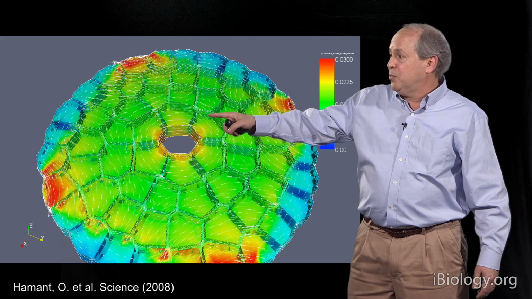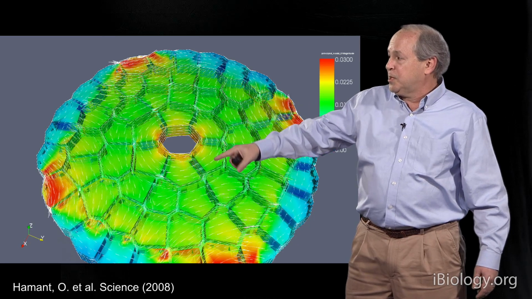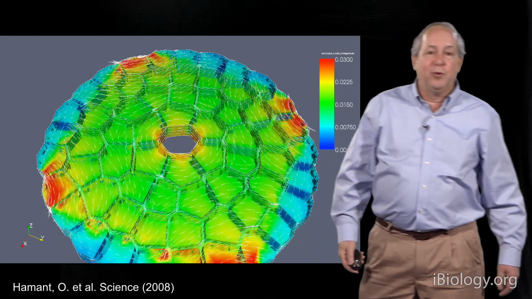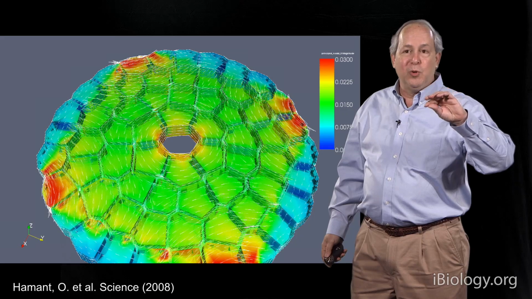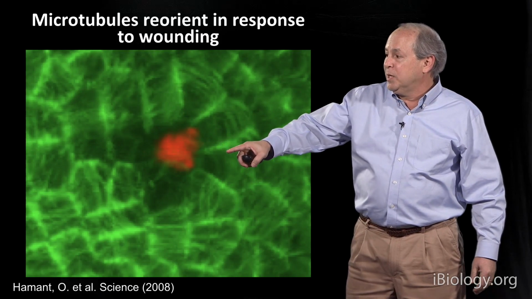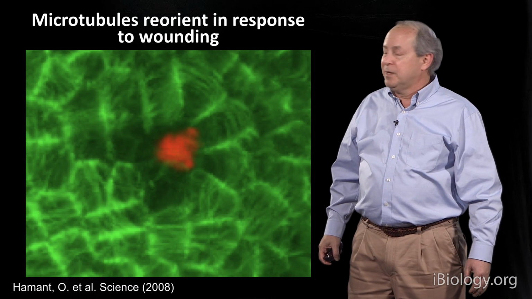Remember, that would make the PIN1 go back to these walls because these walls become more stressed, but the overall stress pattern is circumferential and around the hole that we create. So if we do a live imaging experiment and we watch the microtubules when we ablate a cell, what happens is the microtubules realign within about 6 hours to being circumferential to the ablated cell.